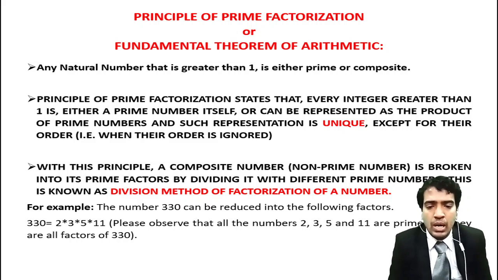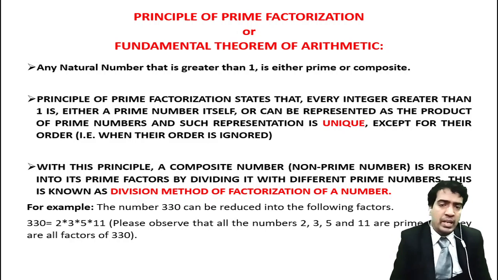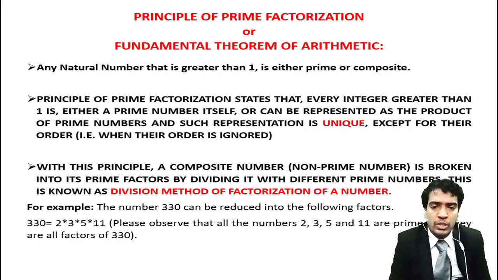Now let us come to the principle of prime factorization. It is also called the fundamental theorem of mathematics. Even before stating that, let us go into the first bullet point. Any natural number that is greater than 1 is either prime or composite. This is true for any natural number greater than 1. It is not true for 1, it is not true for 0.